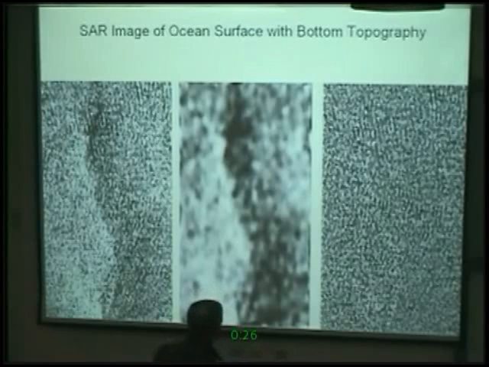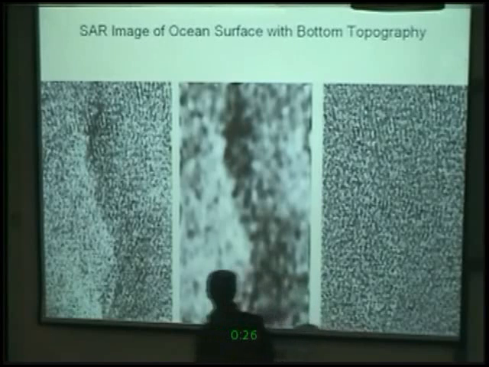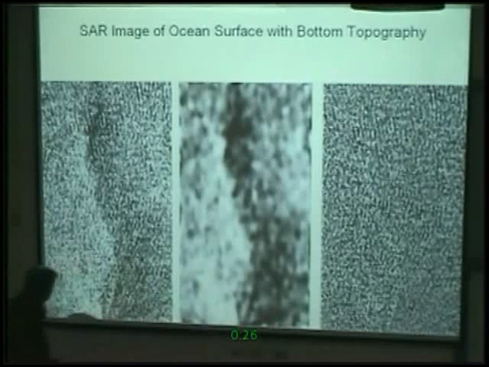So if you use the 2D HHT, you can actually separate this picture into these two pictures, and this was done by using Delaunay triangulation. I don't know how much computation time they used, but they successfully separated the wave part and the bottom topography part totally, so it's feasible.